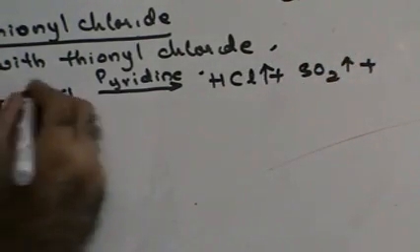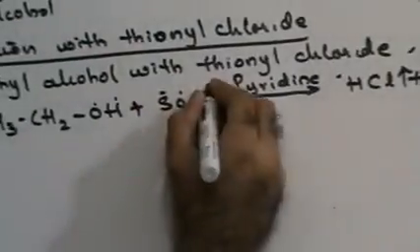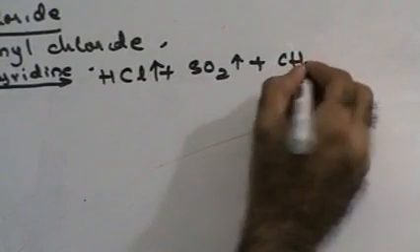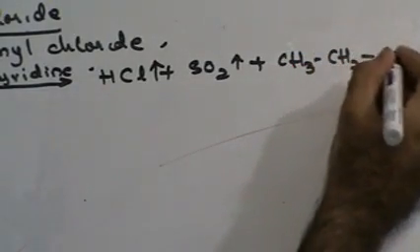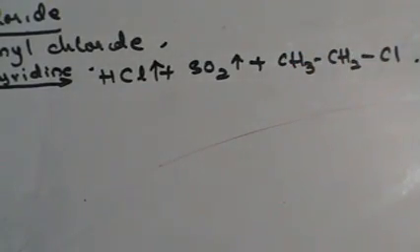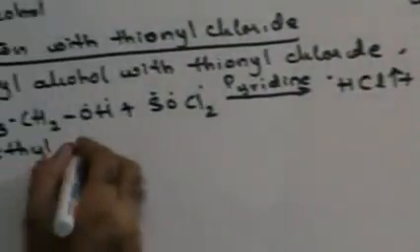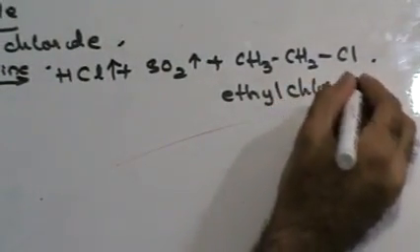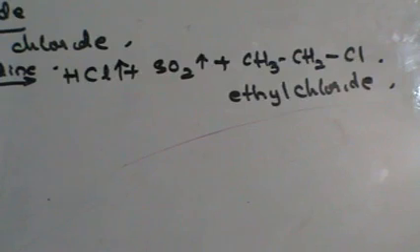So sulfur dioxide gas is out, hydrogen with 1 chlorine is out. That leaves you with 1 chlorine. So that will give you CH3CH2Cl. This is ethyl alcohol. This is ethyl chloride. That's your reaction with thionyl chloride.